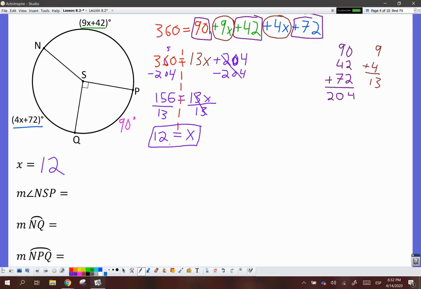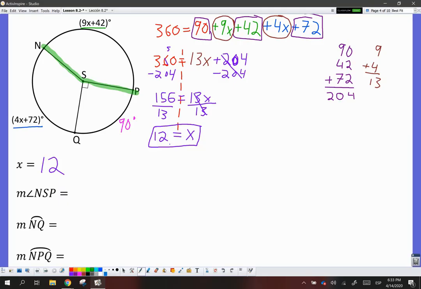Now that I know what x is, I can find the rest of these. So we have the measure of angle NSP. Let's highlight that so I know where that is. So I have N to S to P, and this is an angle. Now, I don't know what the measure of the angle is, but I know the measure of its corresponding arc. So if I know what the arc measures, then I'll know what the angle measures.